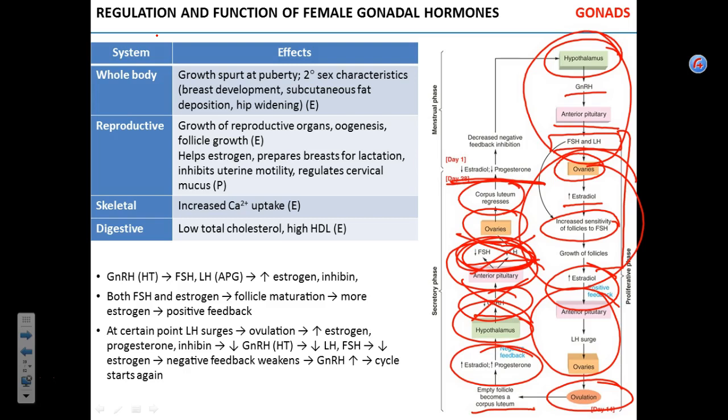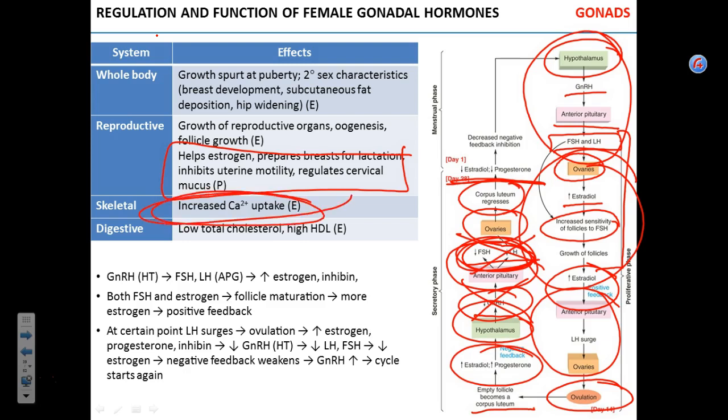Whole body effects: it's anabolic in females, development of sex characteristics. Progesterone is actually very important for carrying the baby. For instance, it decreases the movements of the uterus, which is critical, really, because the baby is not expelled before term, right?